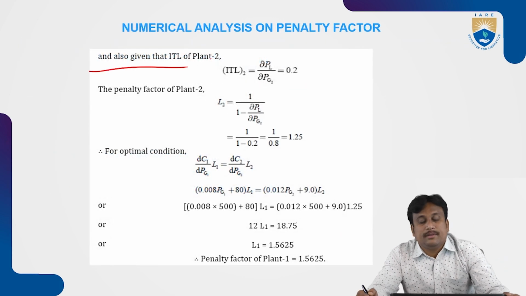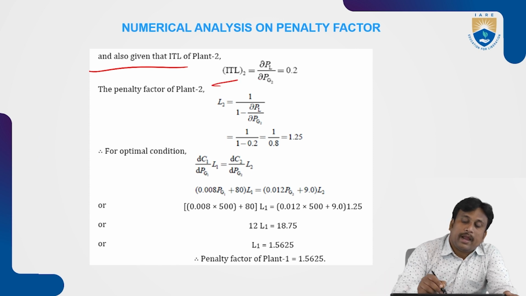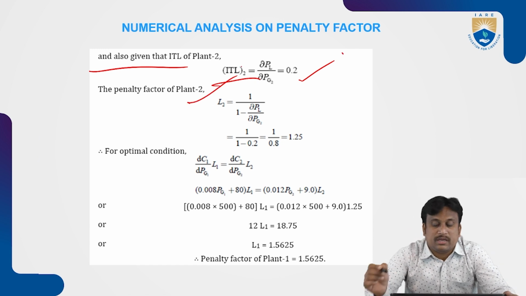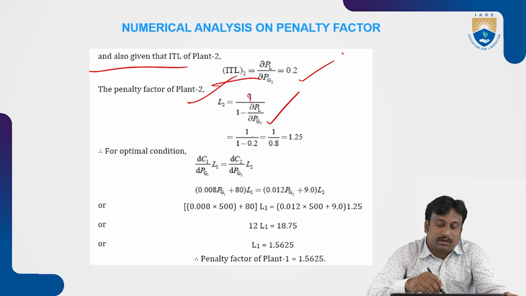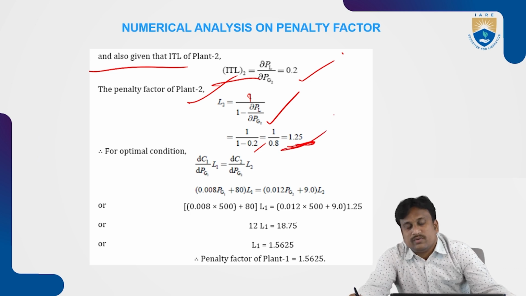Also given that ITL of plant 2, dou PL by dou PG2, is 0.2. Now the penalty factor for plant 2 is L2, that is 1 by 1 minus dou PL by dou PG2, which is 1 by 1 minus 0.2, that is 1 by 0.8, about 1.25.